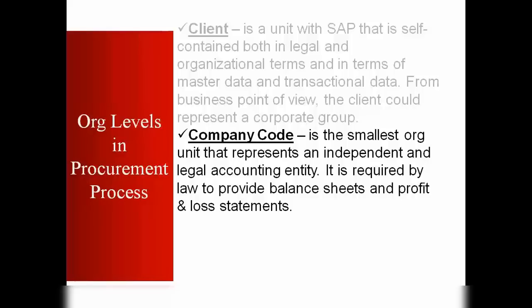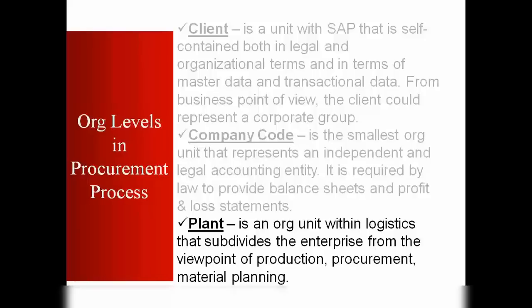What is plant? Plant is an org unit in logistics that subdivides the enterprise from the viewpoint of production, procurement, and material planning. From an MM point of view, plant is where all the stock or inventory is kept. From the sales and distribution (SD) point of view, plant is the place from where all the goods are sent to the customer.